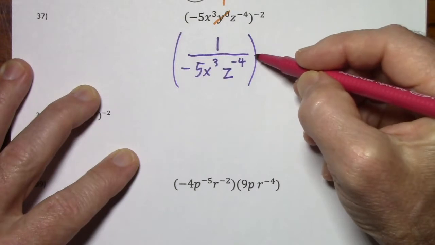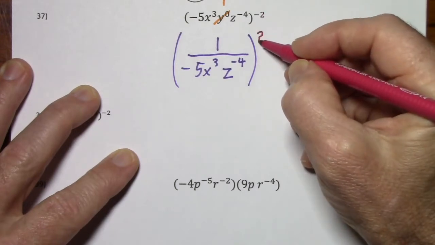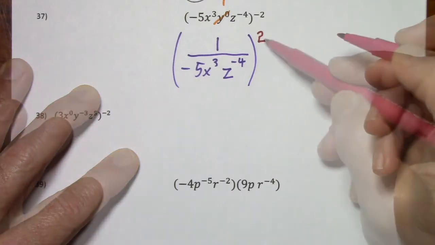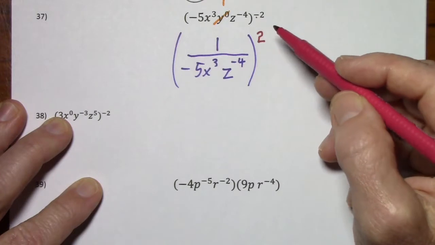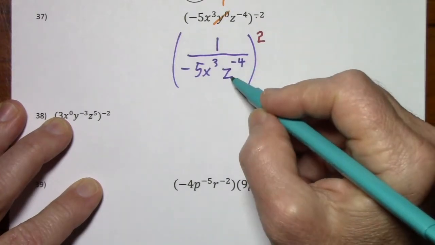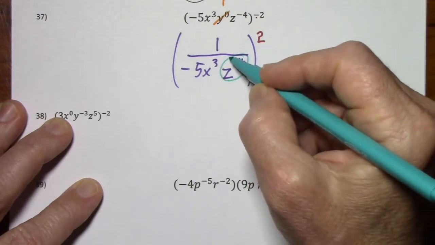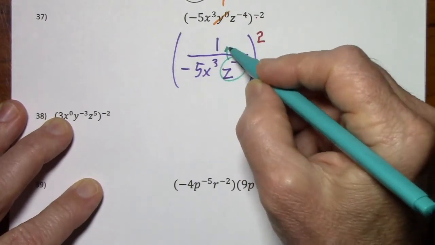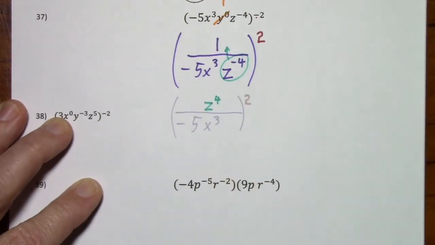Since I've taken the reciprocal, we change from a negative exponent to a positive. So I've taken care of this negative exponent, but I still have to worry about this one. To take the reciprocal of z to the negative 4, in effect, I just push it up across the line. So I'll have z to the 4th.